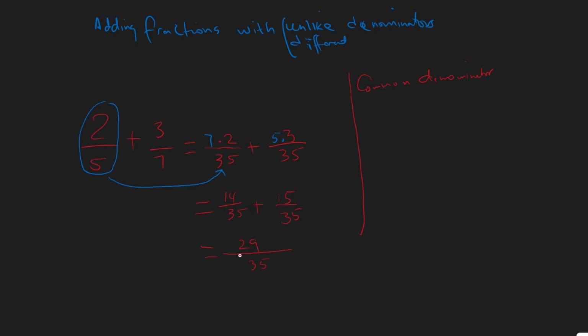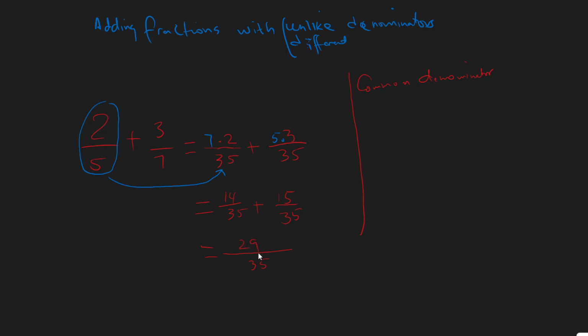The reason I'm saying this is your answer is because 29 and 35 cannot be decomposed so that you can simplify. 29 itself is a prime number. If this concept is new to you, you may let me know in the comments so that I can do some review with you guys on prime numbers.